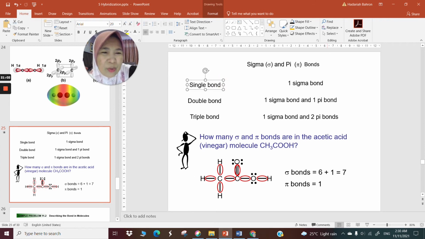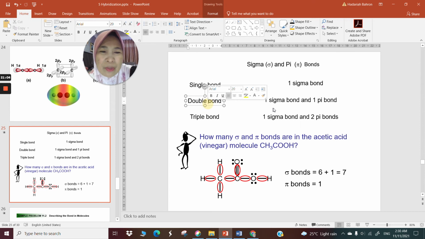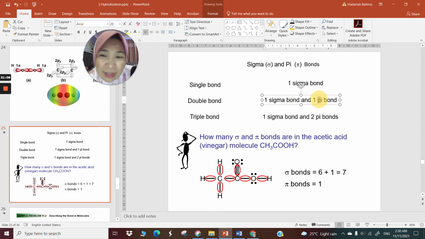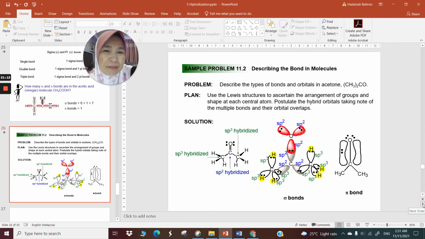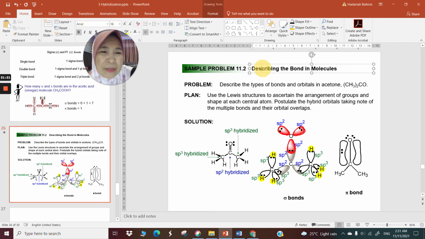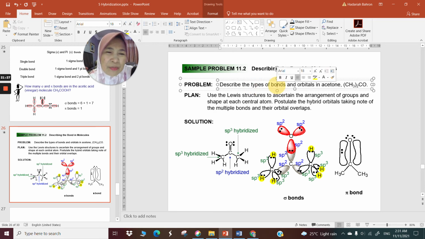A single bond is always made up of 1 sigma. A double bond always has 1 sigma and 1 pi to make up the second one. And a triple bond is 1 sigma with 2 pi bonds. There is a question here where, if you are required to describe the bonds in molecules, you can be given this: describe the types of bonds and orbitals in acetone.